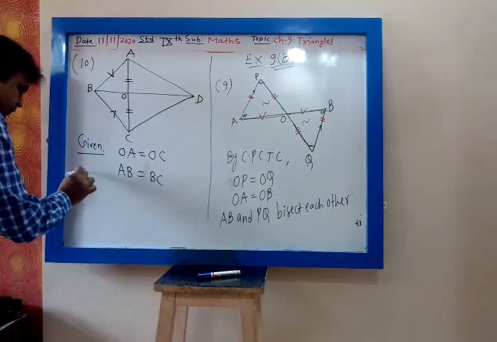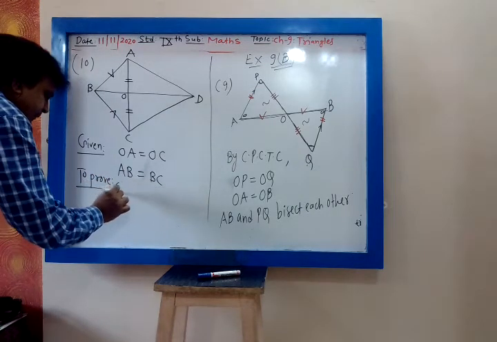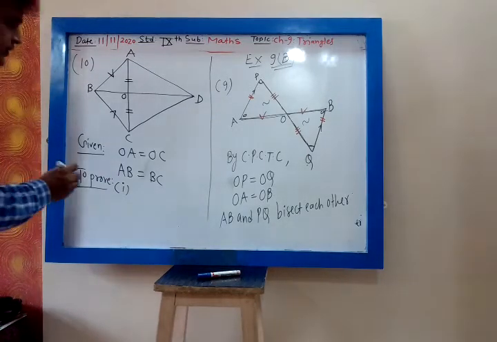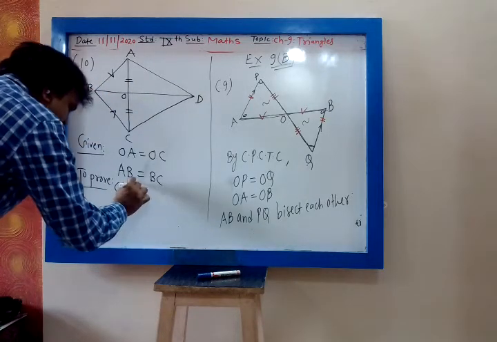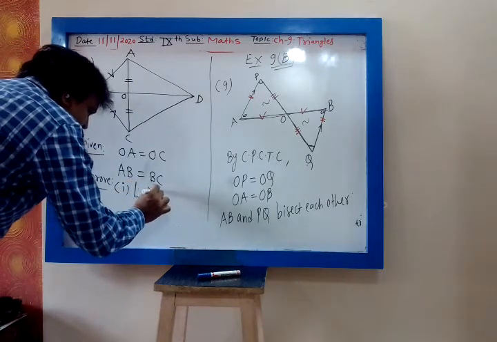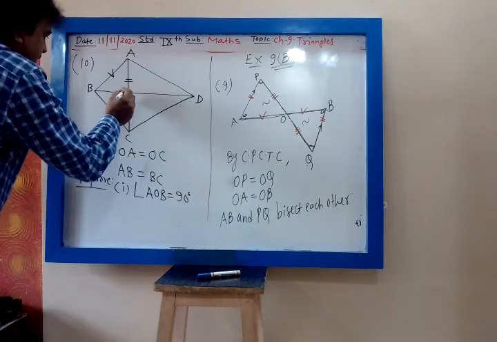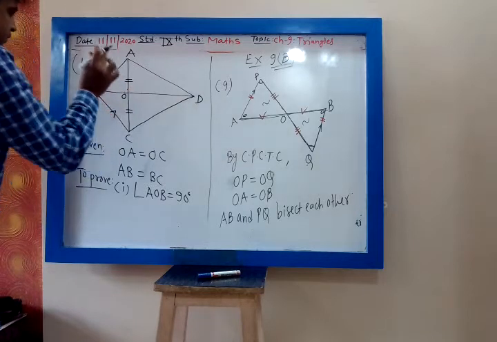Now to prove, first part, angle AOB is 90 degrees. This angle we want to prove that it is 90 degrees. So that is not given. We want to prove it.